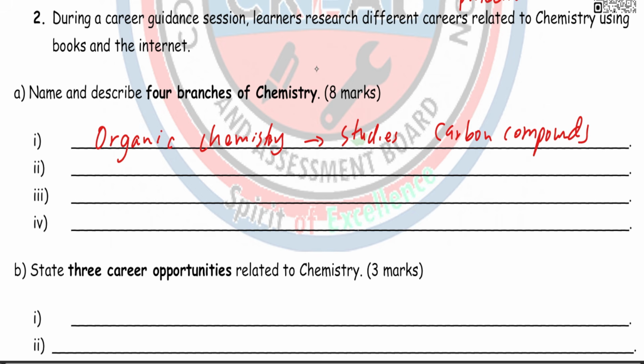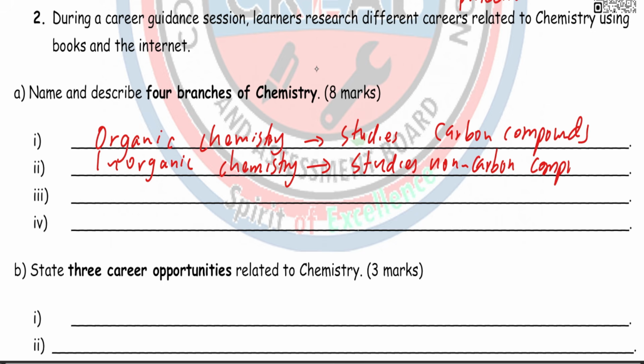Since we have organic chemistry, it means we have inorganic chemistry. Inorganic chemistry studies non-carbon compounds, especially the S and P block elements, for example sulfur, nitrogen, and other elements.